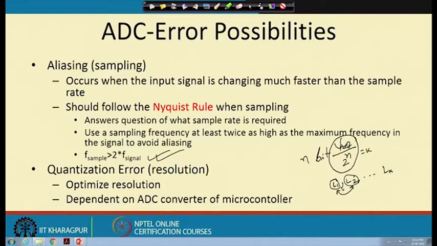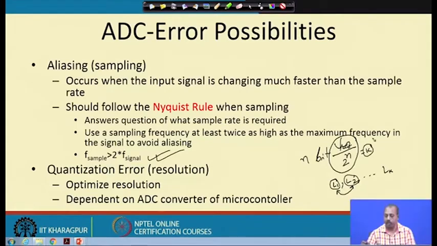If we want to reduce this quantization error, we have to increase the resolution. If I want the number of levels to be large, then, since in this case there are 2 to the power n levels, the value of n should be large.